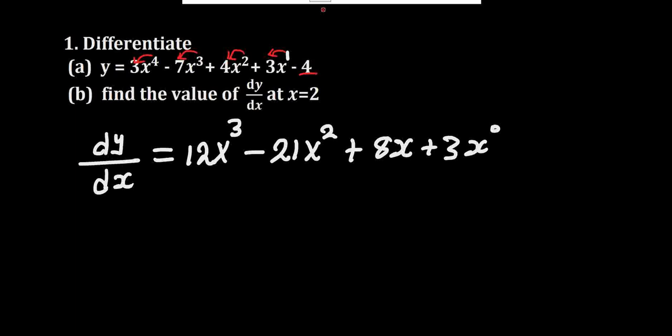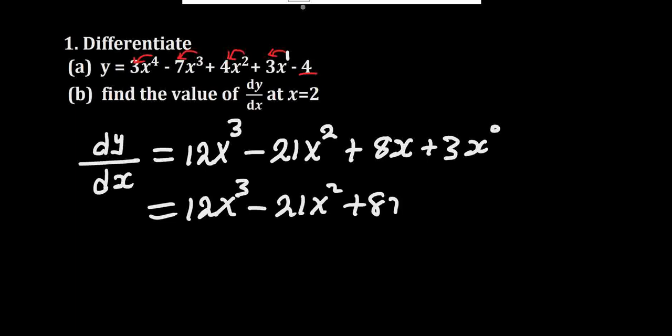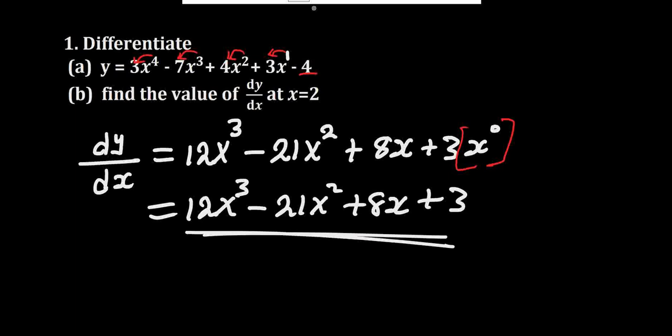And this will be equals to 12x to the power of 3 minus 21x squared plus 8x plus. Now, note that any number to the power of 0 is 1. So automatically, this will become 3 times 1, and that gives you 3. So this is the answer to question A.